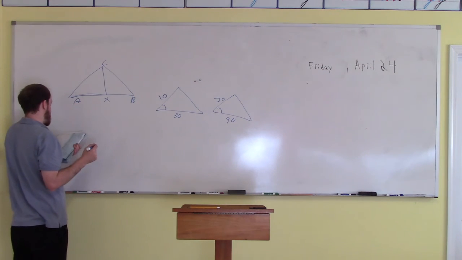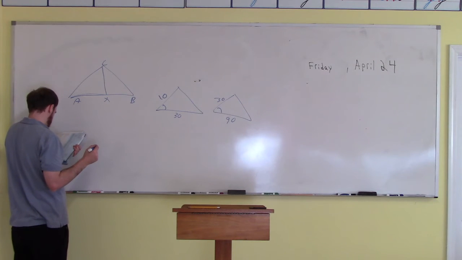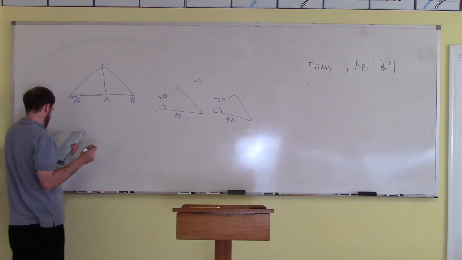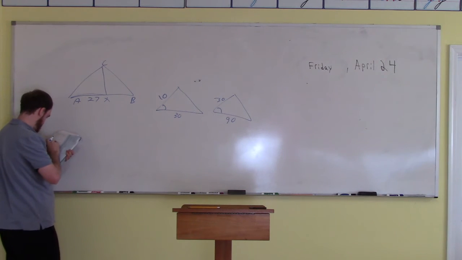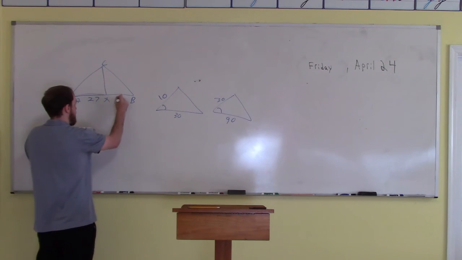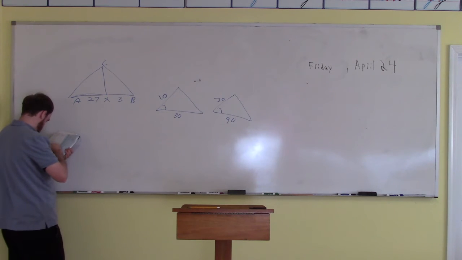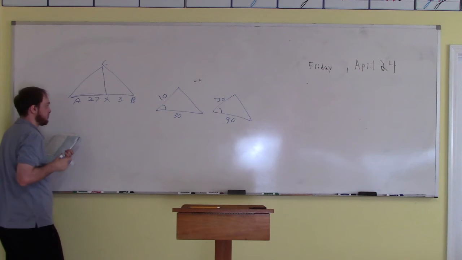So A to X is 27, and then it says XB is 3, and then it says find CX.